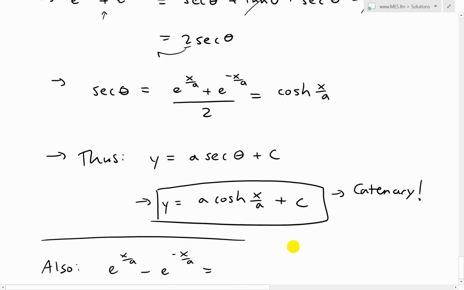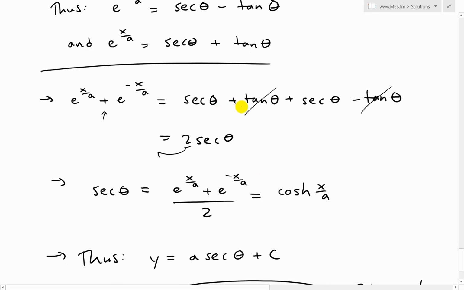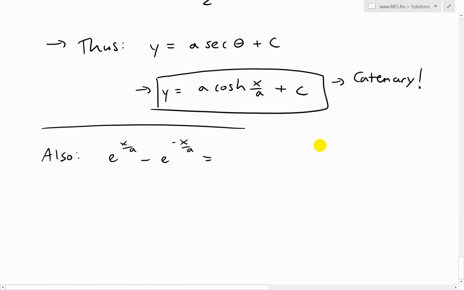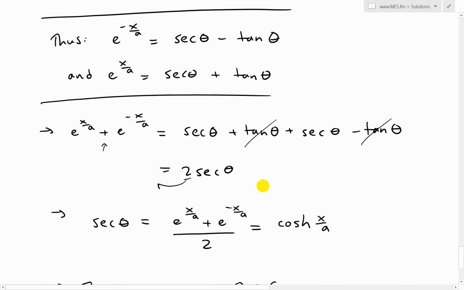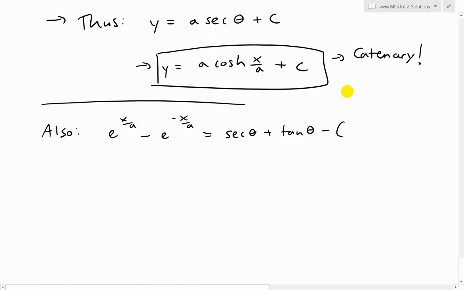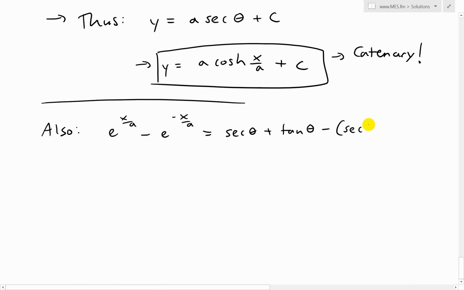This equals, scrolling up again, secant theta plus tan theta, now we have a minus, and then the top part is secant theta minus tan theta. Now notice what happens: secants cancel, and then this is going to be negative plus tan theta. Those add up. This equals 2 tan theta.